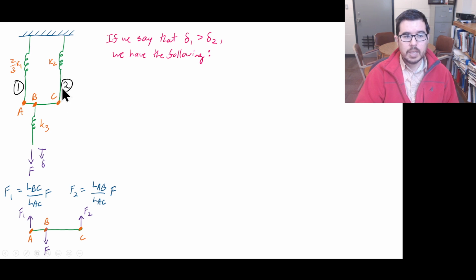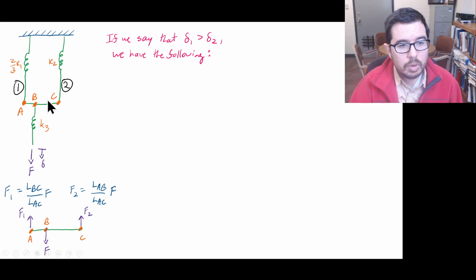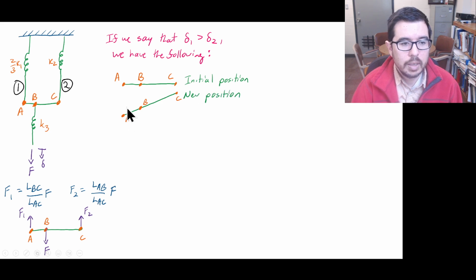Okay? And we're then going to draw the horizontal beam followed by a rotated beam. Now, maybe I should have done A prime, B prime, C prime, but these are the same points.